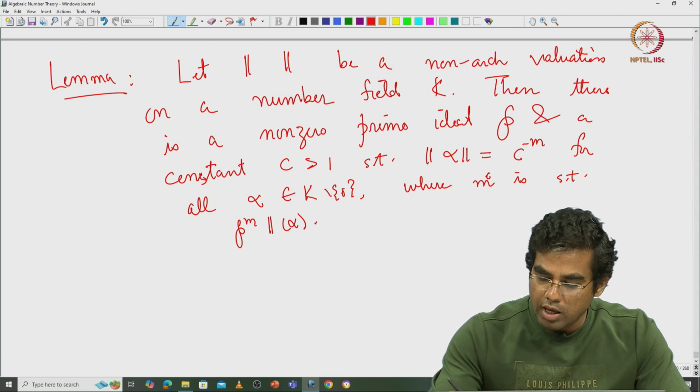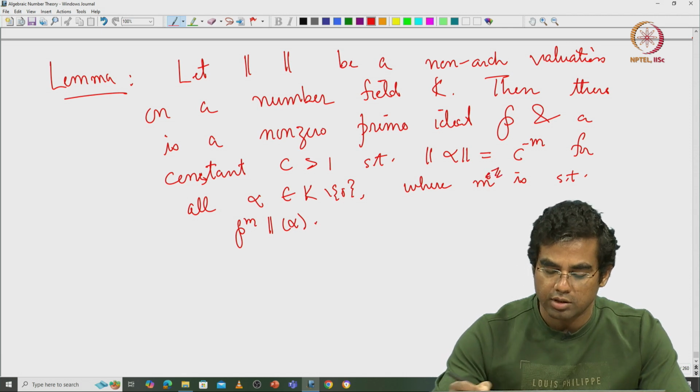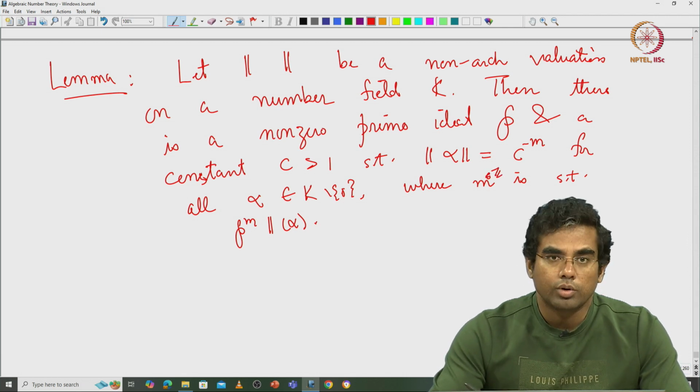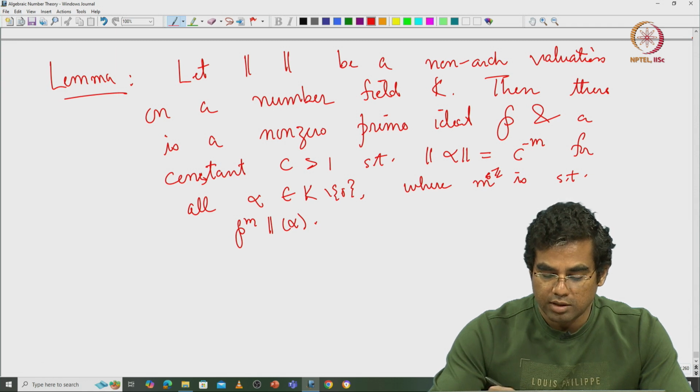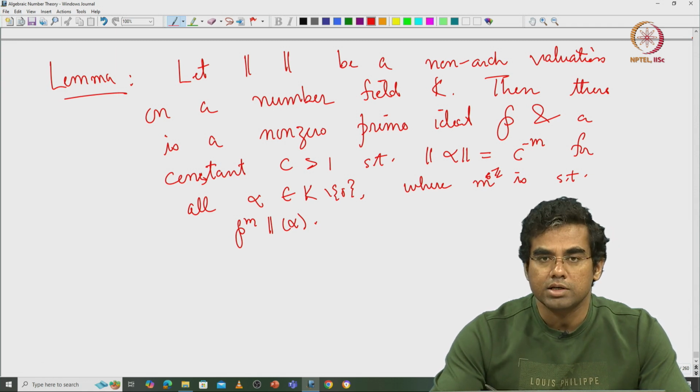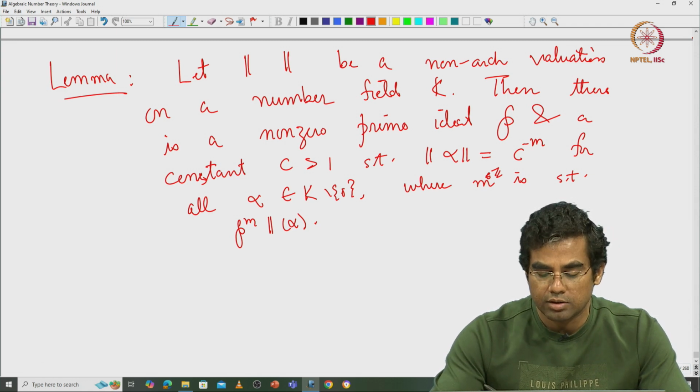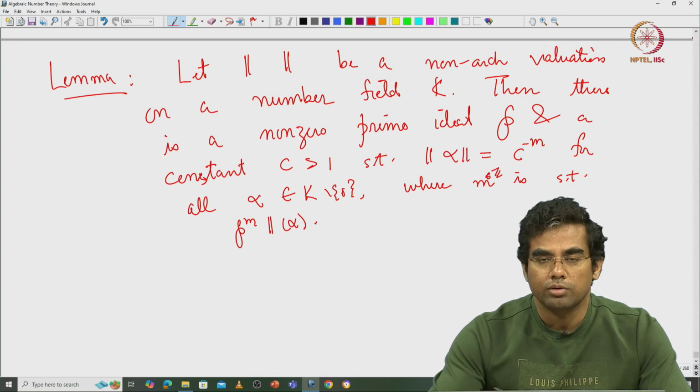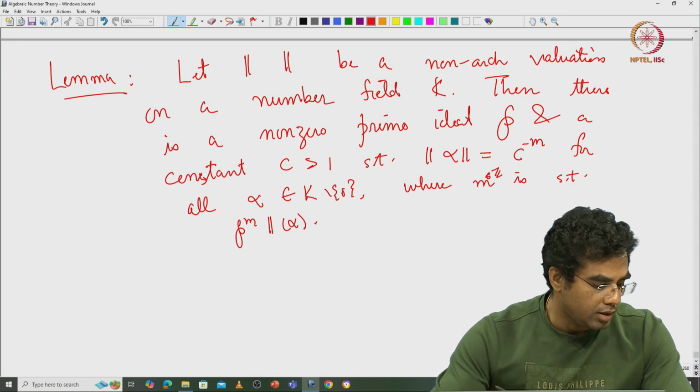So, m is in general an integer. So, you can allow minus powers. It means that when you take prime factorization of this non-zero fractional ideal, you will have P appearing to the mth power.